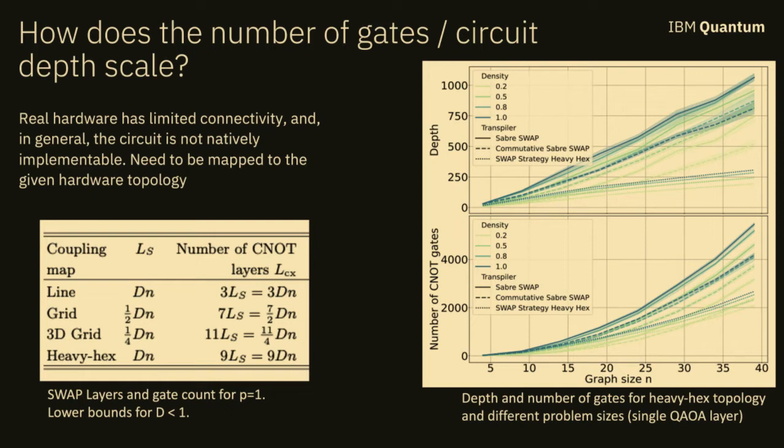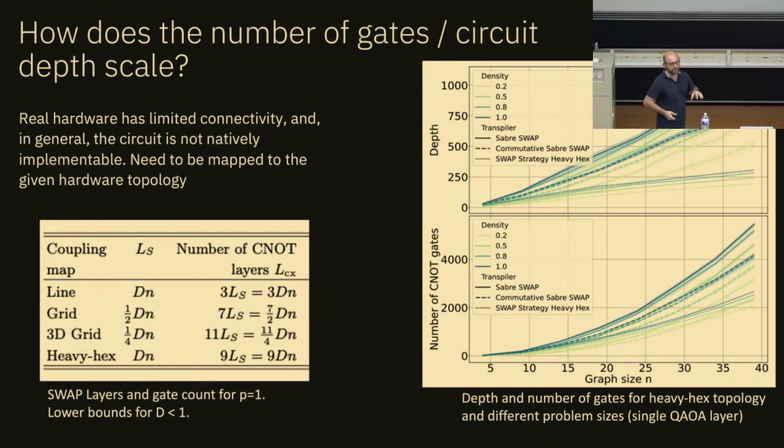Because you can cancel so many CNOTs by applying these rotations and the swaps together, you don't get an advantage by having the additional connectivity of a 2D grid for dense problems. For sparse problems, that's a very complex optimization problem, but you can get better, but for dense problems you can't. If you go from 2D to 3D grids, then it starts to turn, then really the additional connectivity for dense problems starts to make a difference.